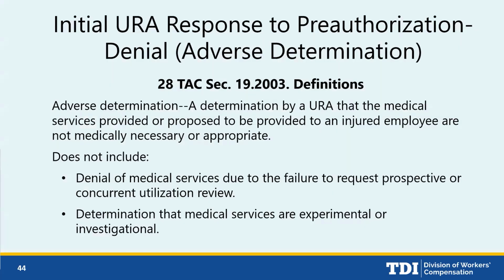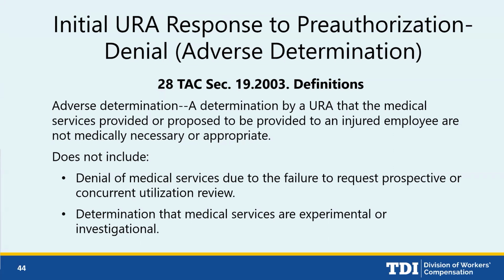Now, if they respond with an adverse determination, so that was the second option, they can either approve or they can deny. This is covered in Chapter 19 of the TDI Texas Administrative Code, 19.2003 in definitions. Adverse determination is when the URA says the services that you want to provide or propose to be provided are not medically necessary or appropriate.